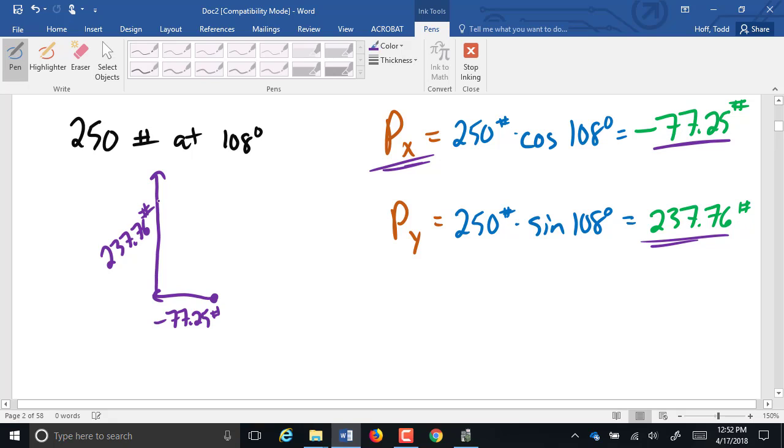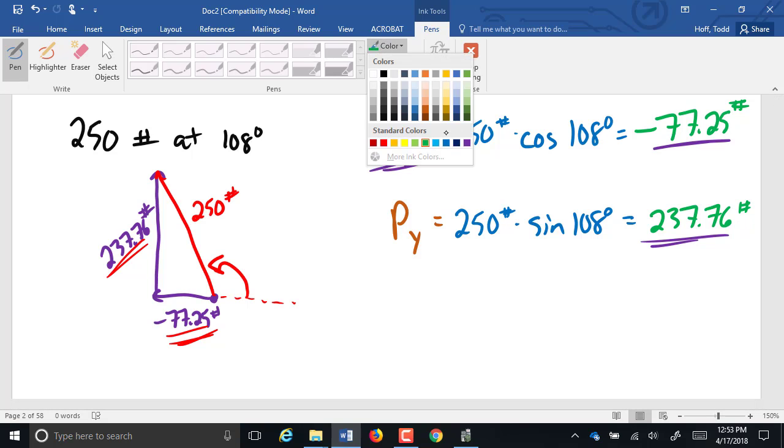Now this makes sense because 108 degrees, if we think of this as being 0, that definitely does have to go past 90 degrees. So that's your 250 pounds there. Anybody, by the way, notice anything strange or similar about those numbers? If you look at the last example, they're the same numbers, aren't they?